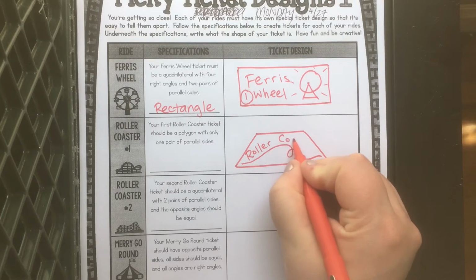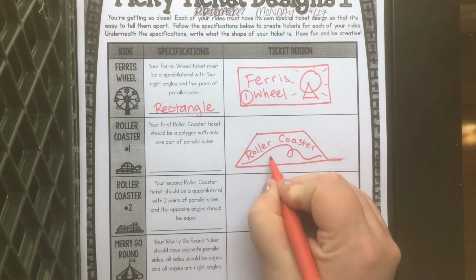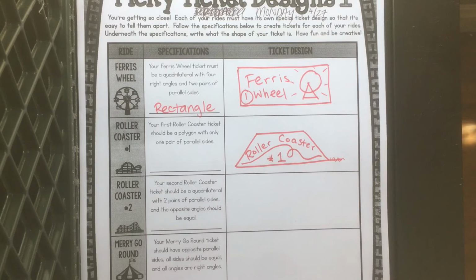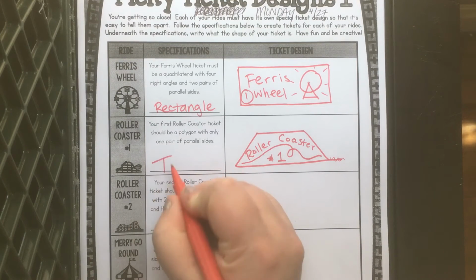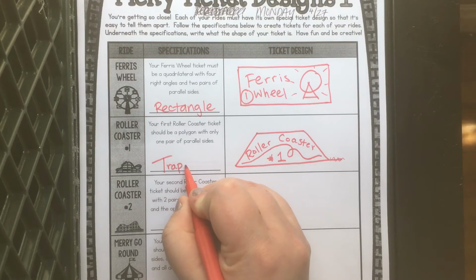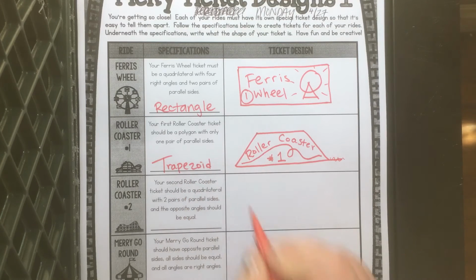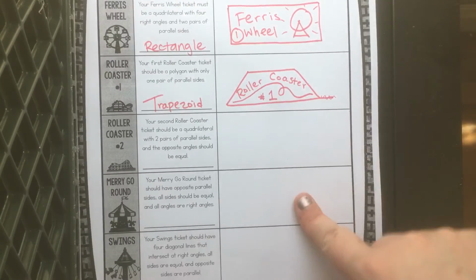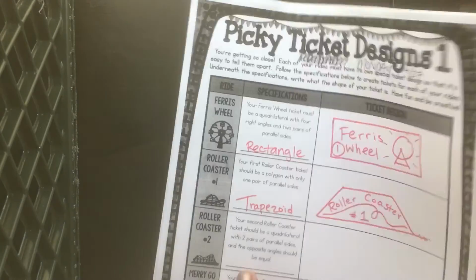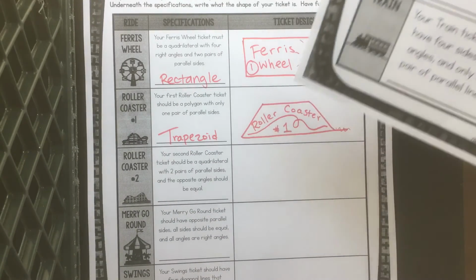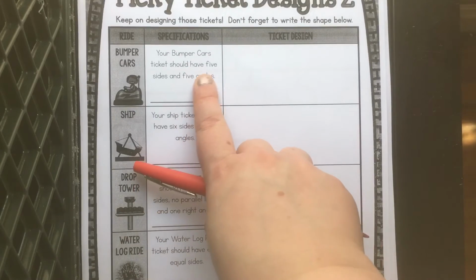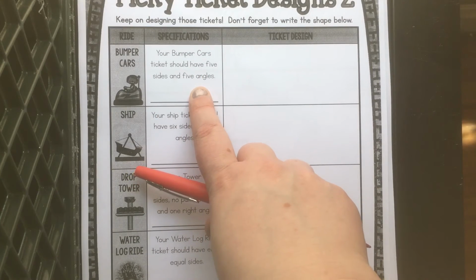All right, you guys design your tickets however you want. Okay? Oh, and then don't forget to put the name. All right, so put the name. Okay, you have 3 more on this page. When you get to ticket designs number 2, you're going to have some that are not quadrilaterals. These are different. Your bumper car ticket should have 5 sides and 5 angles.